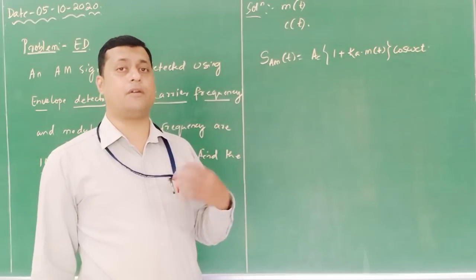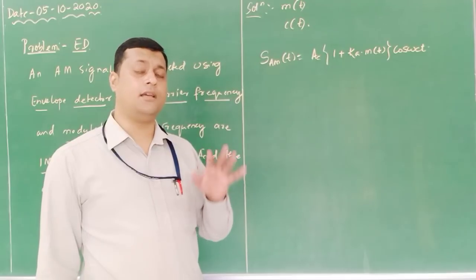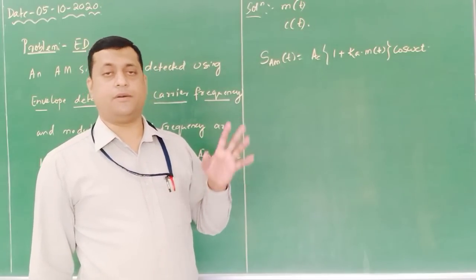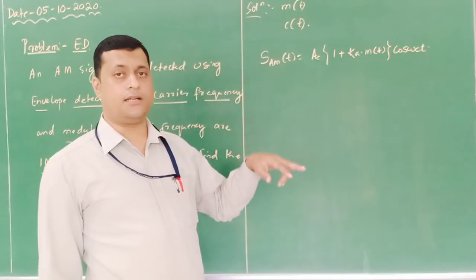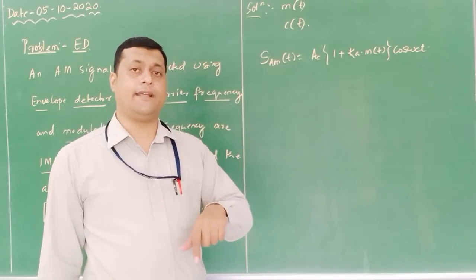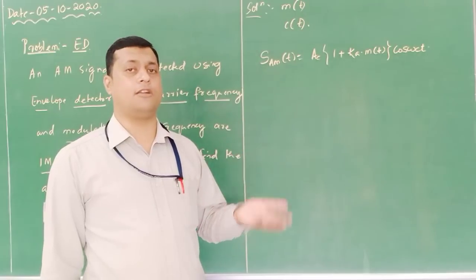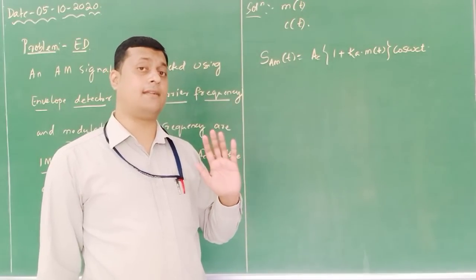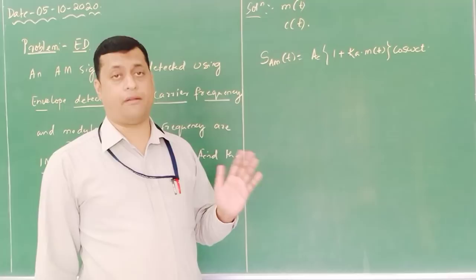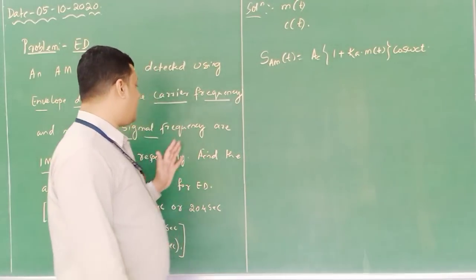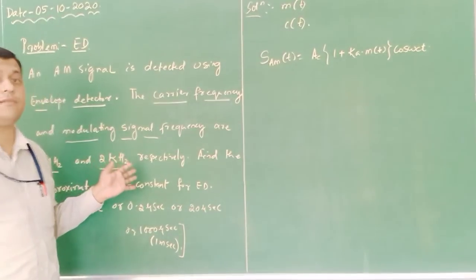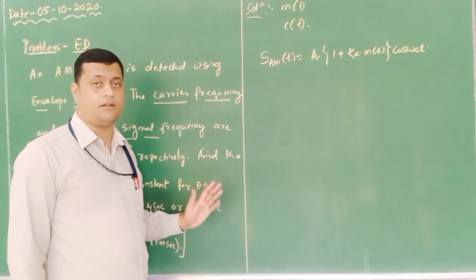If it is over-modulated, we cannot reconstruct the original message signal. But the envelope detector will work for a modulation index less than or equal to 1, so we can reconstruct the modulating signal easily. That needs to be identified first, then we can understand the approximate time constant they are asking about in this question.